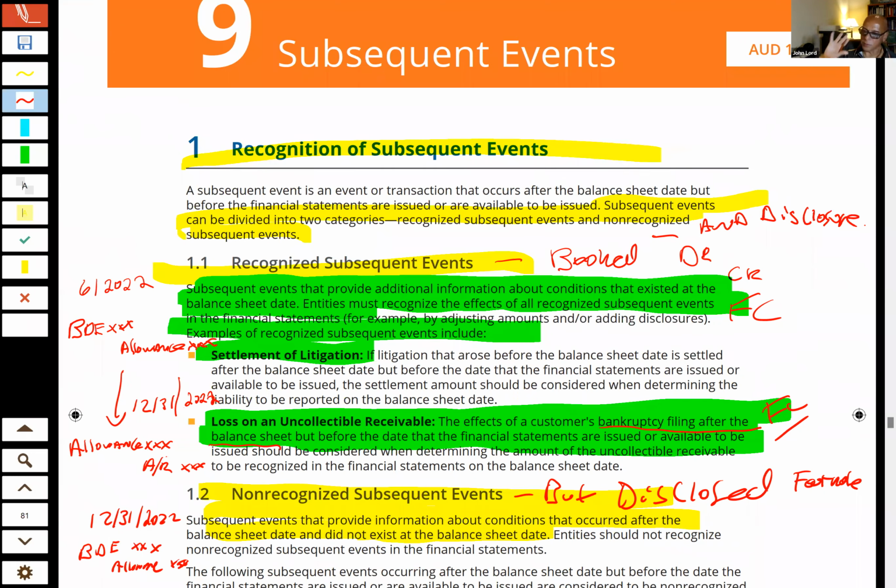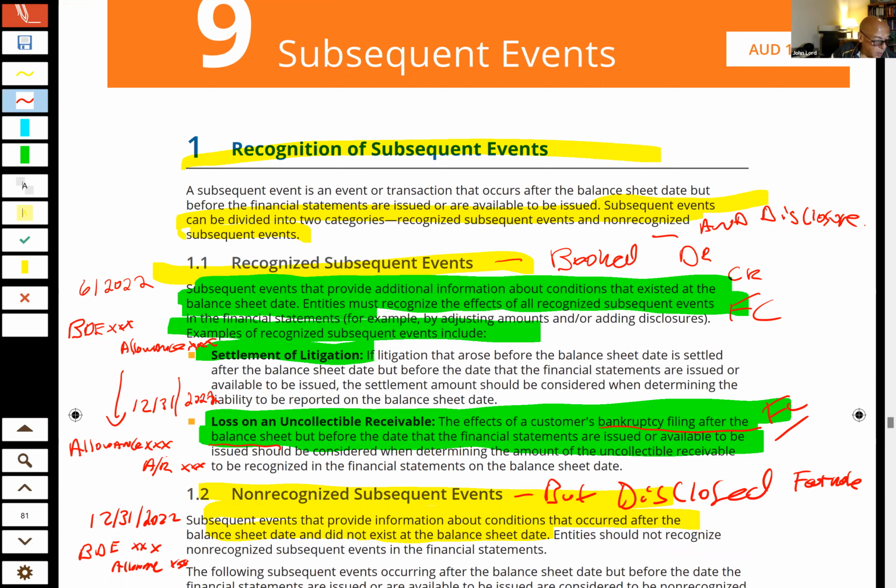So not only does it affect the financial statements, it also affects the footnotes. And I'm pointing that out because you'll see a CPA exam question will say, recognized subsequent event, it should be recognized but not disclosed. And you think, oh, okay, that's the answer. No, recognized and disclosed.